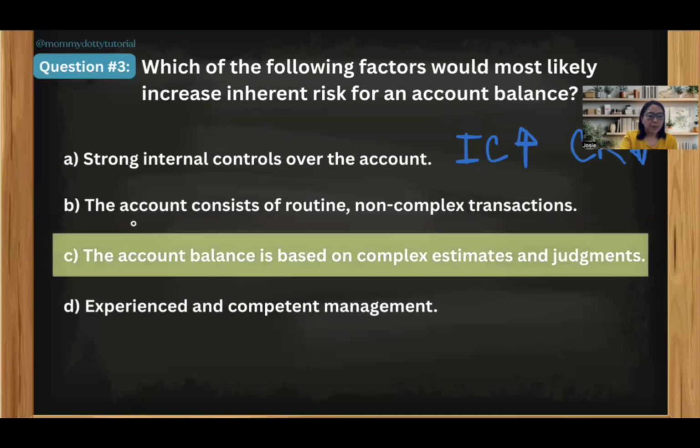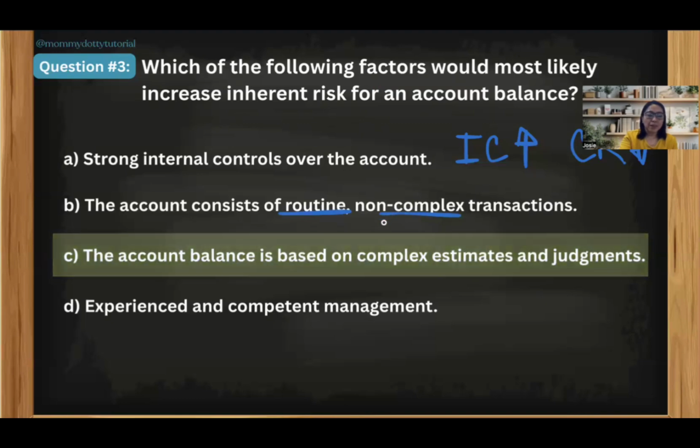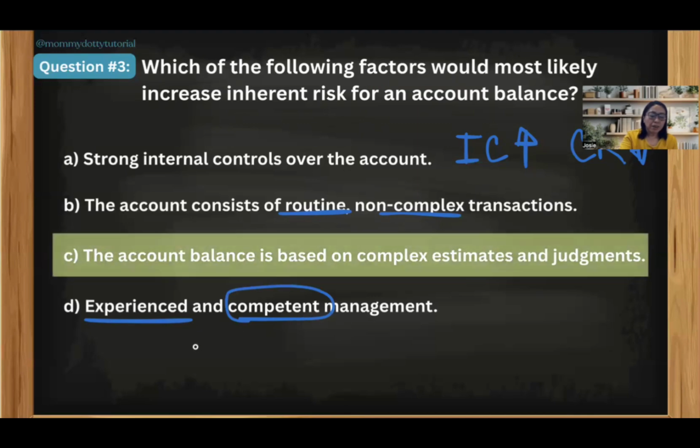Okay? The account consists of routine, non-complex, that's the word, non-complex, it's not complicado. So the risk here should be low. Okay, and let's go to letter D, experienced and competent. The word is competent management. If we say competent, that means they have a good internal control. That's how I look at it. So ang tama dito sa mga options na to is account balance is based on the word complex.